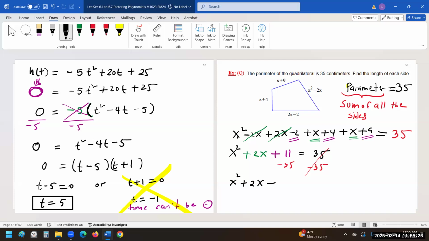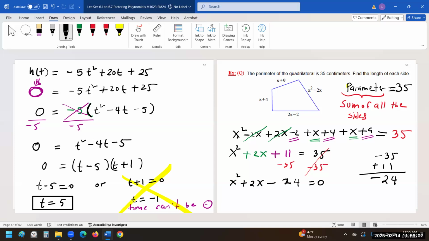Then we have minus 35 plus 11. Two different signs, obviously you have to subtract. 35 is minus, so the answer has to be minus. 5 minus 1 gives us 4, 3 minus 1 gives us 2. So you have negative 24. And now you're happy. We have a nice quadratic equation.